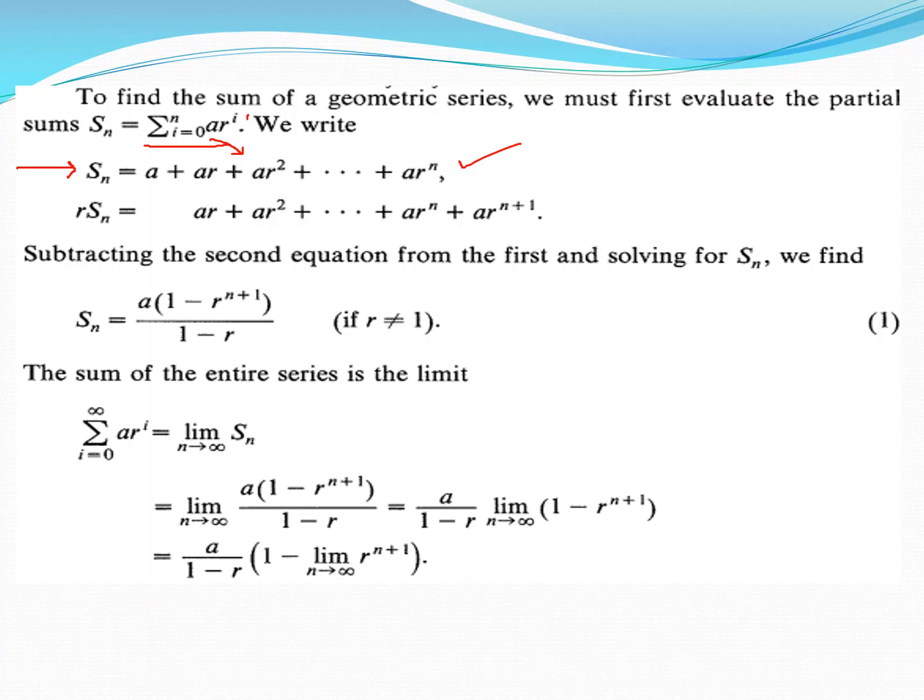And if we multiply r with the above equation, we obtain this relation. Now, if we subtract the second equation from the first and solve for Sn, we obtain this relation.